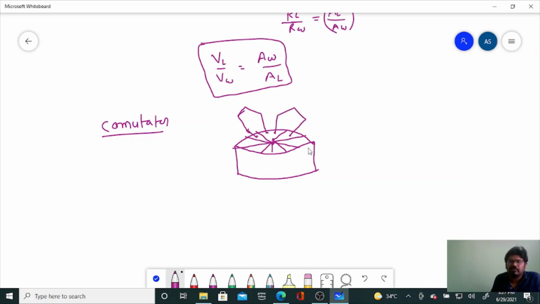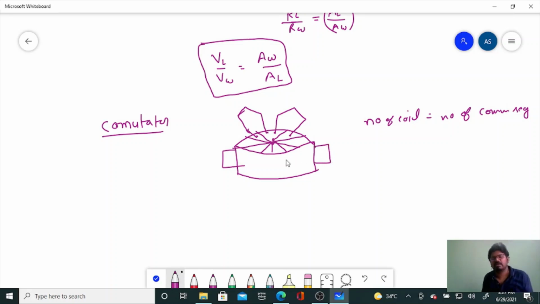So the number of coils is equal to the number of commutator segments. Commutator segments. Okay, and here we have brushes which collect the currents.